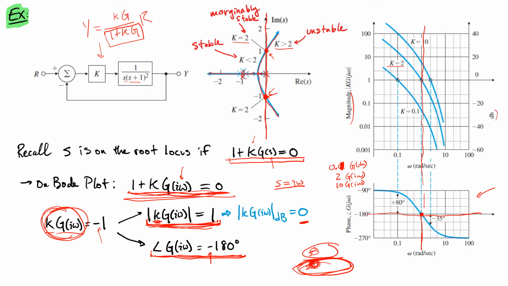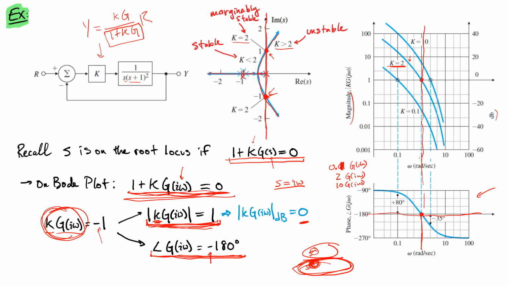And so when k is equal to 2, the magnitude curve goes straight through magnitude 1 at the same point where the phase is minus 180. So at this omega equal to 1, we see that the magnitude curve crosses this magnitude 1 point.